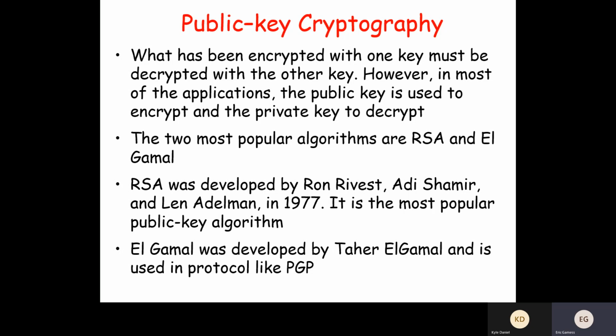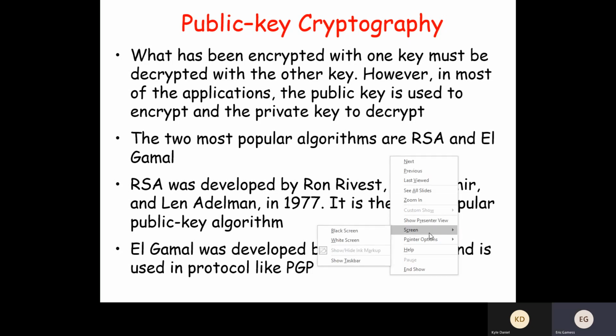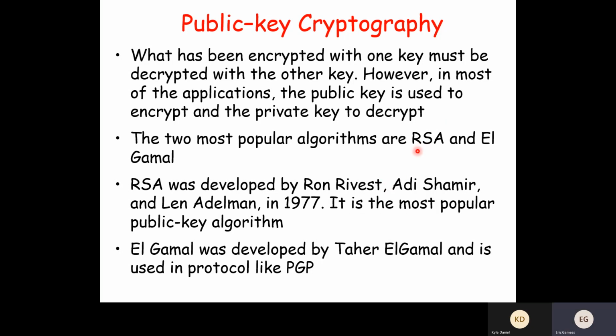There are two famous algorithms for public key cryptography. One is called RSA, from three investigators from MIT: Rivest, Shamir, and Adleman did this algorithm, their names are here, in 1977. It is basically the most popular algorithm to generate public and private keys.